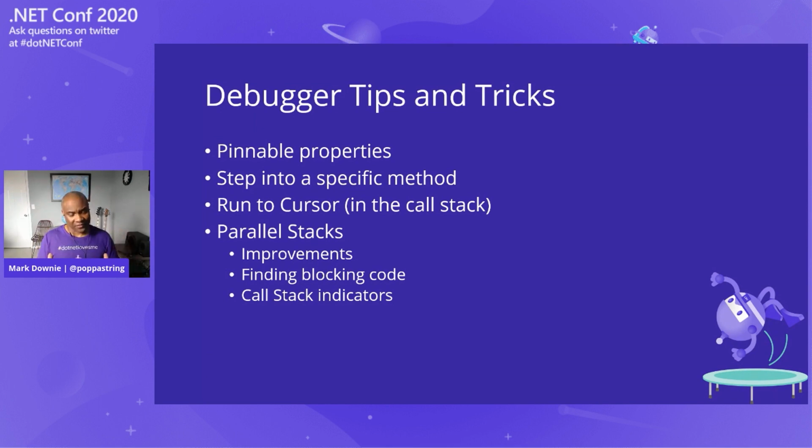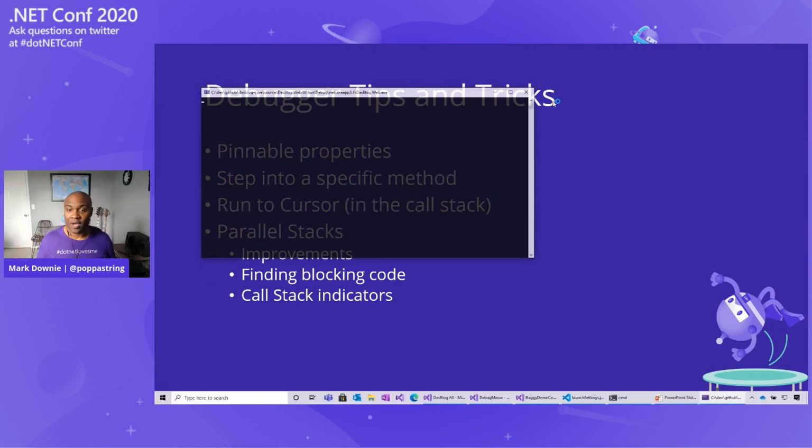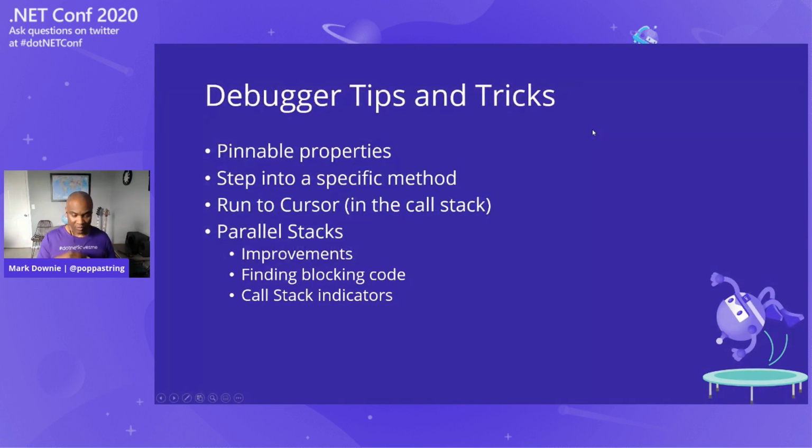Then I think about the call stack second, the context in which my application is running and which call stack it's running in. And then finally, I think about the big picture. What are my threads doing? What are my tasks doing? As I think about that, I think about the different ways I can use Visual Studio to get me close to all of these types and techniques of debugging.